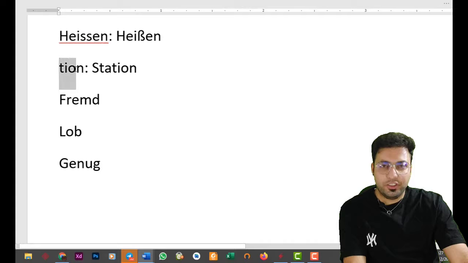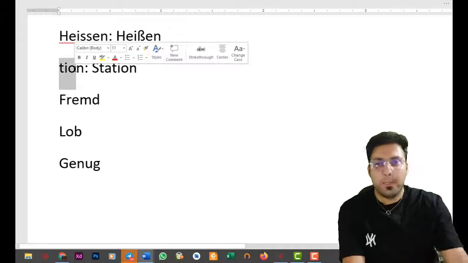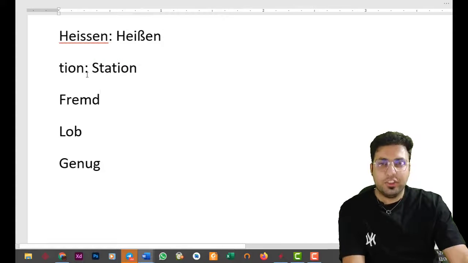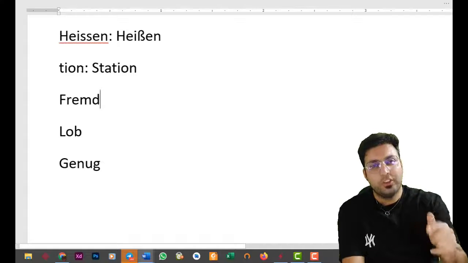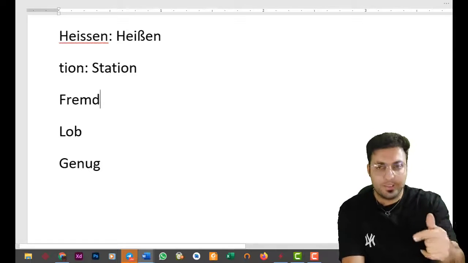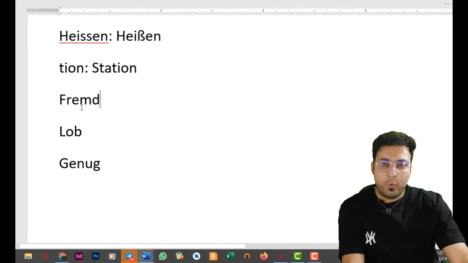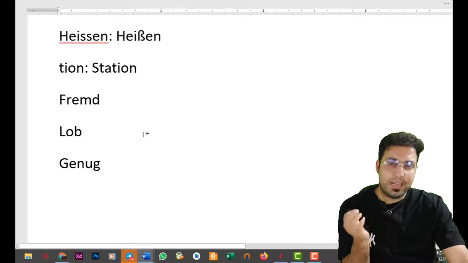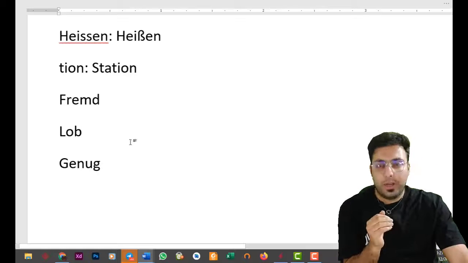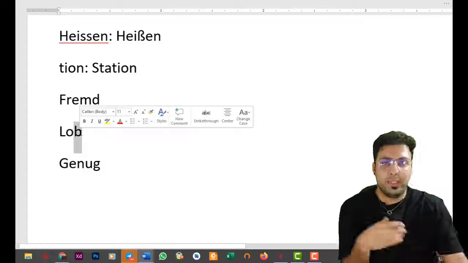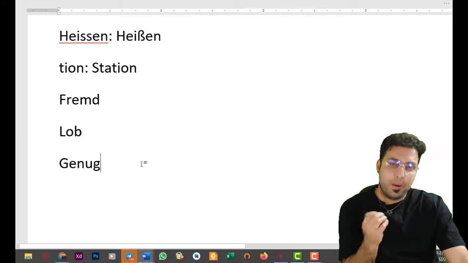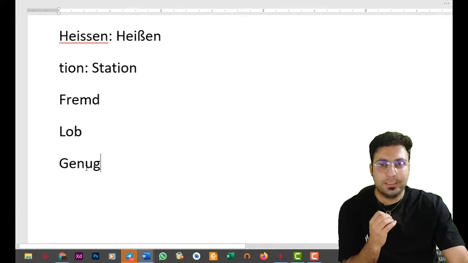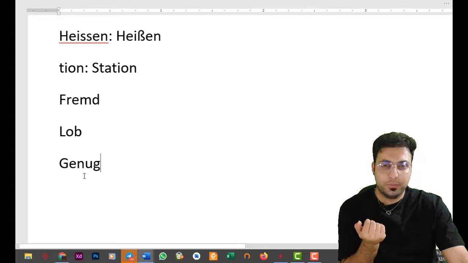In English we say Station, but in German we pronounce it Station with ts. When a word ends with D, you can pronounce it T, fremd. When a word ends with B, you can pronounce it P, Lob. And G, you can pronounce it K, genug.